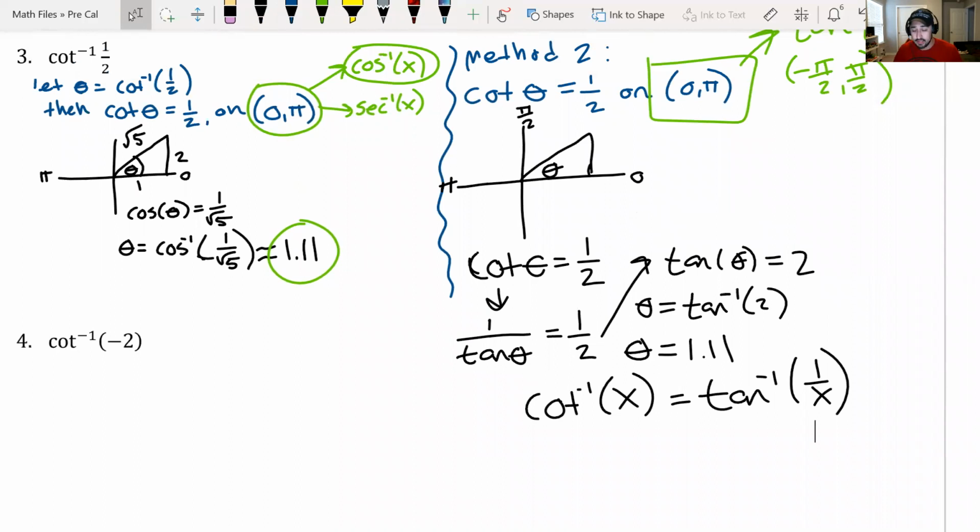And the reason I say it's if x is positive is because in quadrant 1, cotangent's positive and tangent's positive. In quadrant 1, inverse cotangent is positive, inverse tangent is positive. So this formula can only work if x is greater than 0, meaning x is positive. That's the only way we can use this.